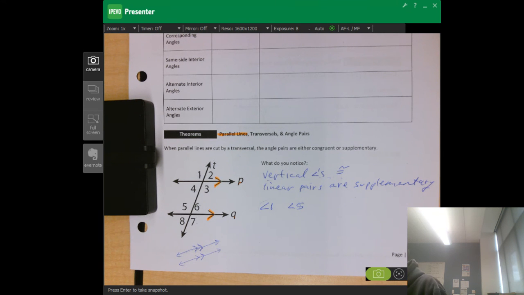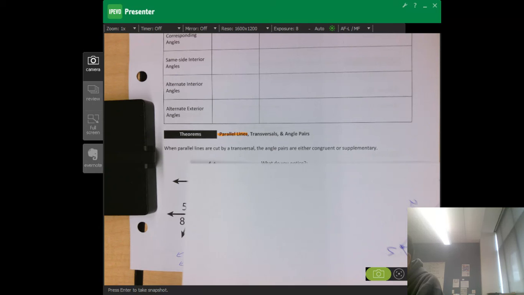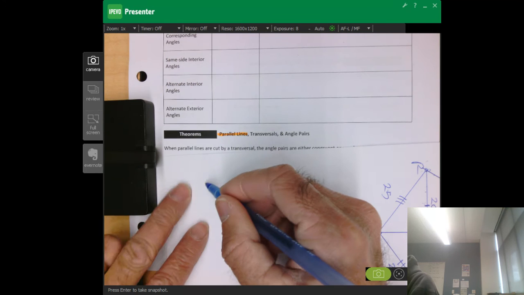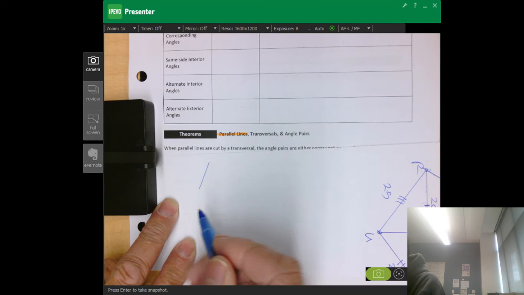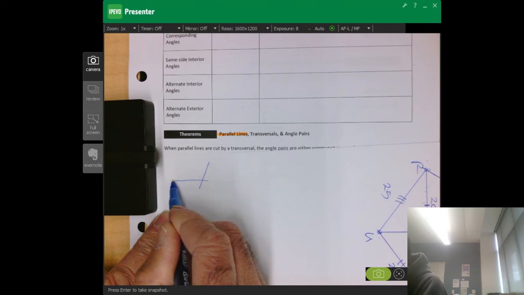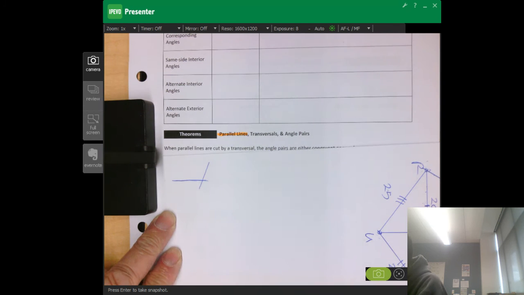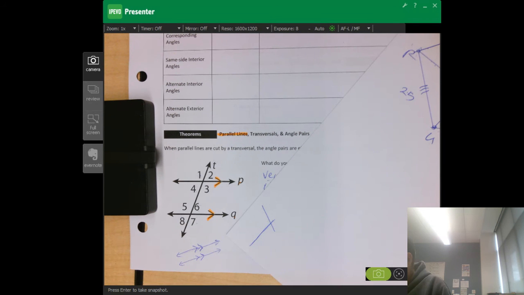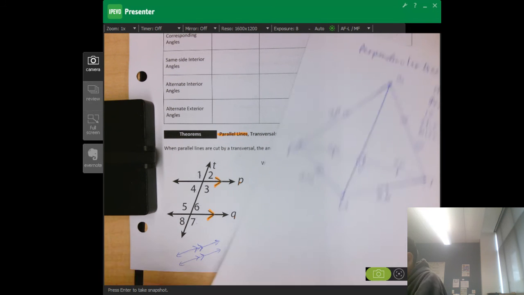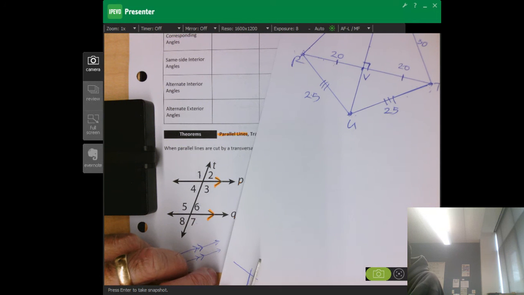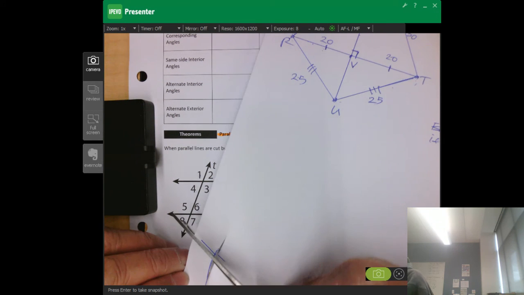There are many ways you could do this, but one way you could do it is something like this, where you get a piece of paper and just trace out the angle. If you have a pair of scissors, you can cut that out.